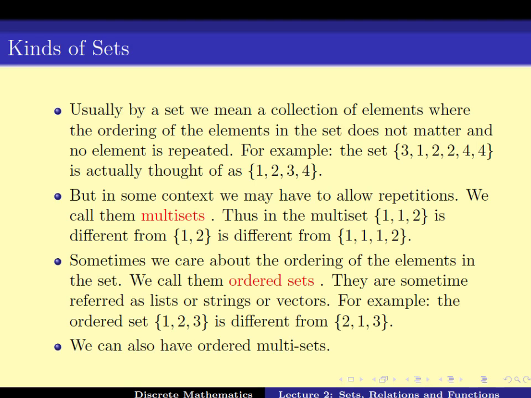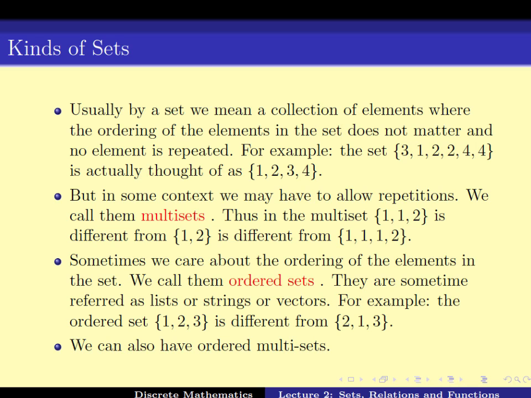So in the first example, if I tell you this set comprises the elements 3, 1, 2, 2, 4 and 4, it is exactly the same as the set containing 1, 2, 3 and 4. The repeated elements of 2 don't matter, and similarly the ordering doesn't matter.